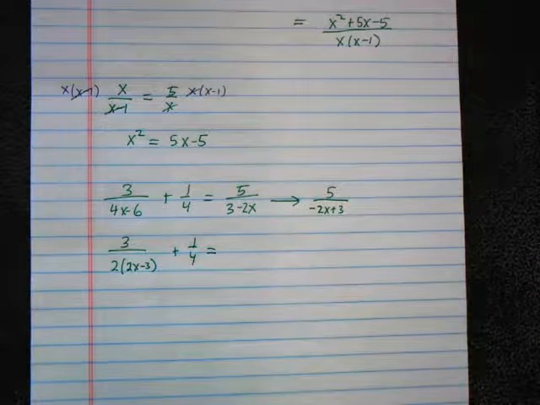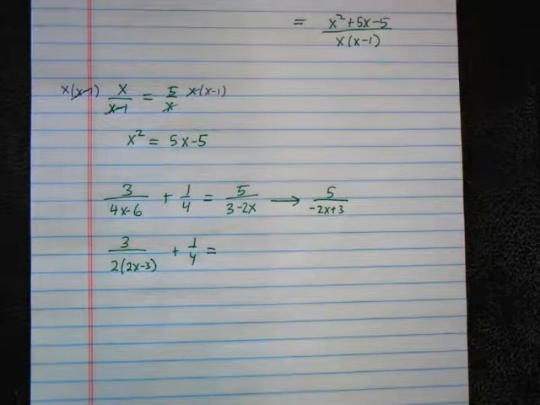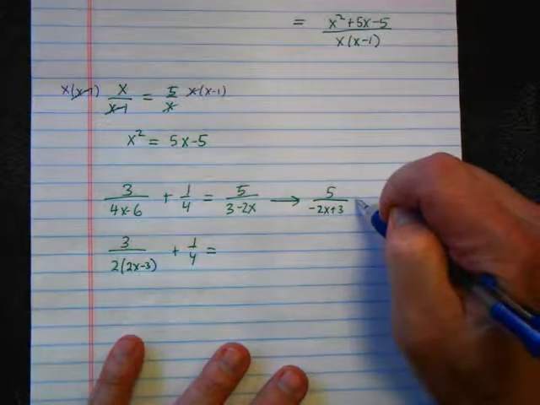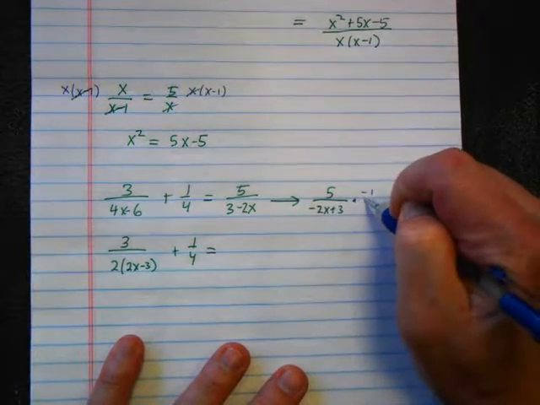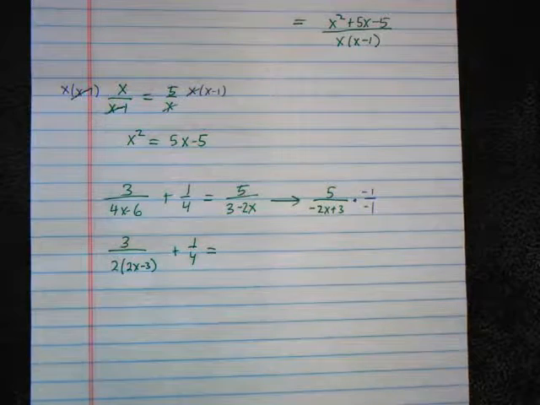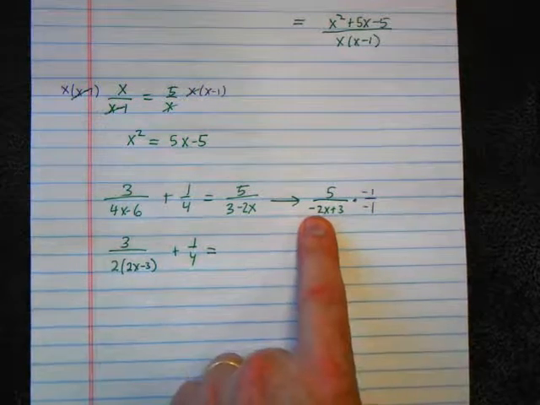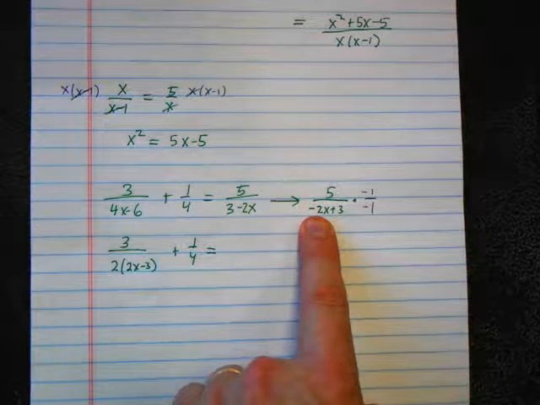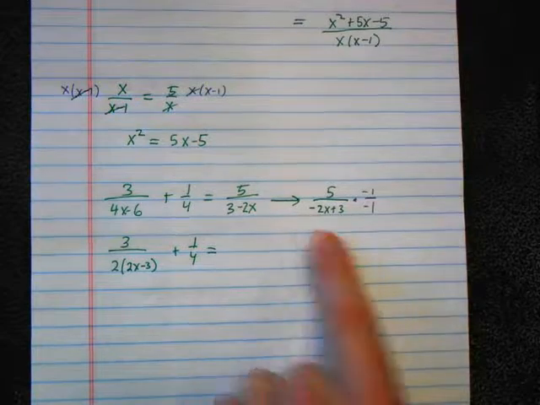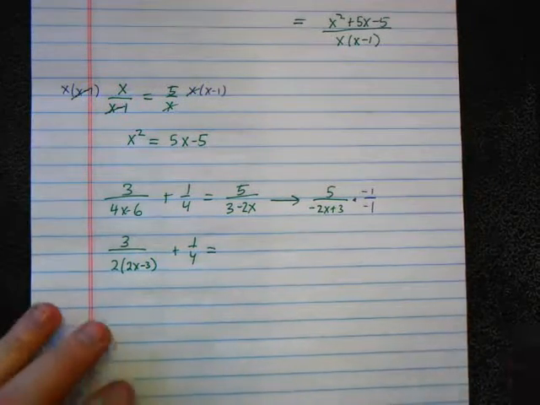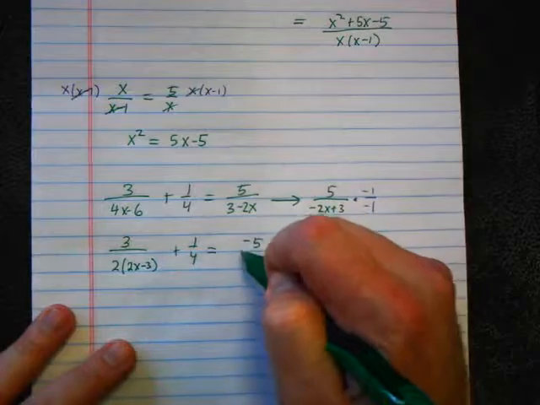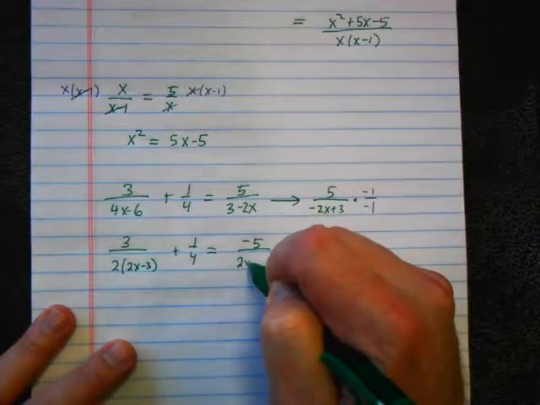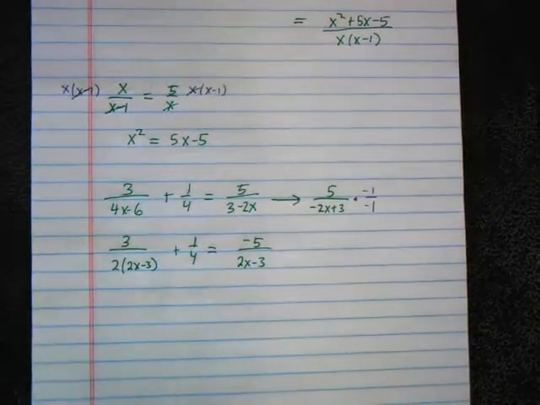What I'm going to do is take this fraction and multiply top and bottom by negative 1 to make the first spot positive. So I'm going to rewrite this as negative 5 over 2x minus 3. And that does a good thing for me.